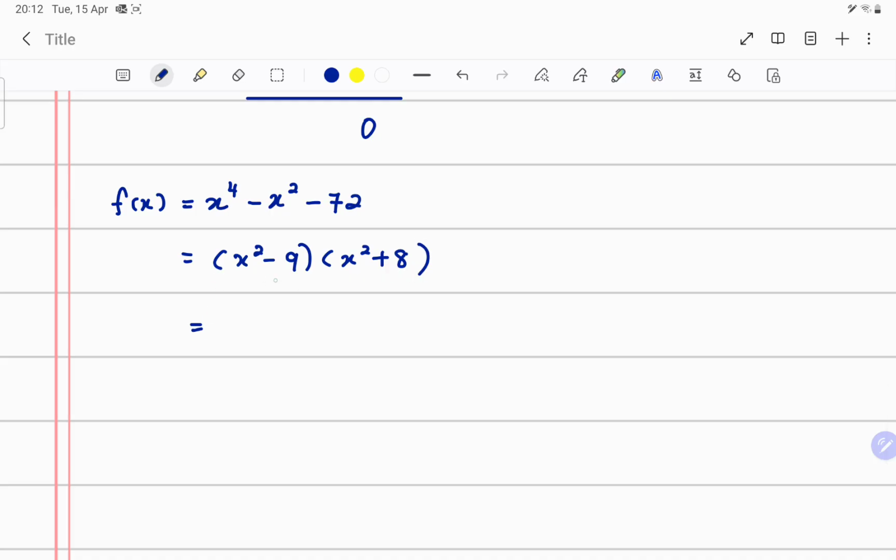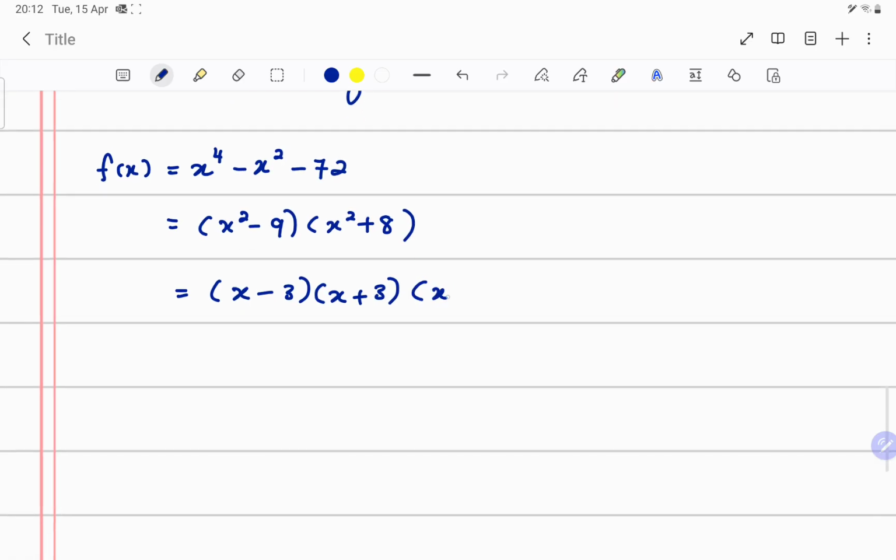For x squared minus 9, it comes from x minus 3 and x plus 3, right? Like this. And then another one, we have x squared plus 8.